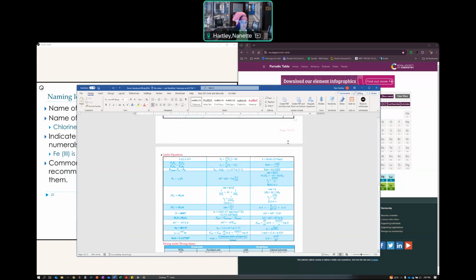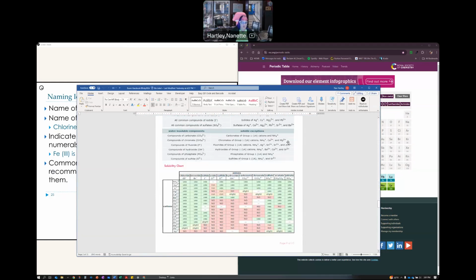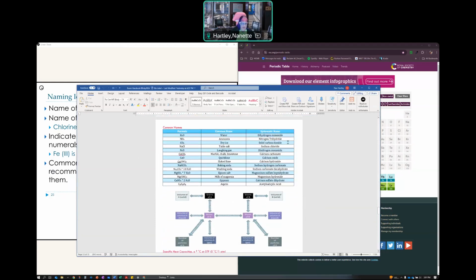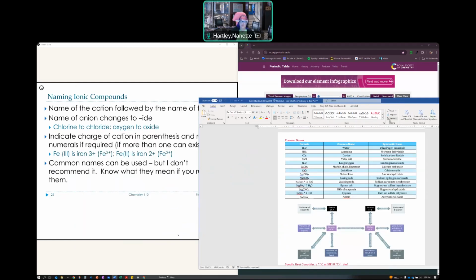It says common names. And that's right here. On this common names table, you will find some common names for these things. And these are typically whole compounds. Okay. So you'll see, like, calcium oxide is quicklime. Okay. That kind of thing.